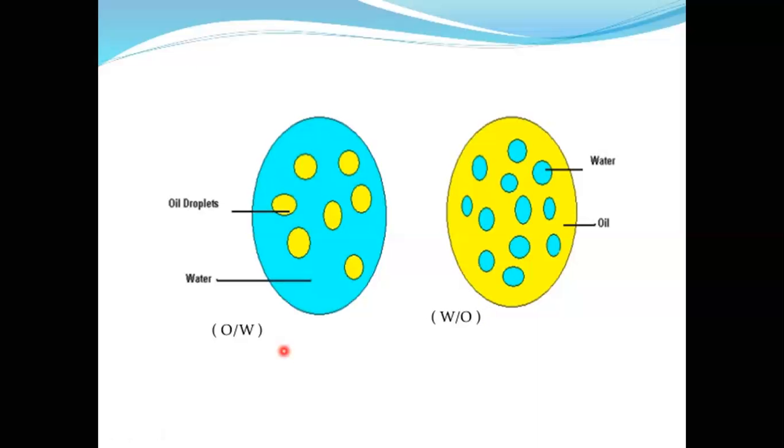The first type, oil in water: the oil is the dispersed phase and the water is the dispersion medium. For example, milk. In milk, fat globules are dispersed in water.